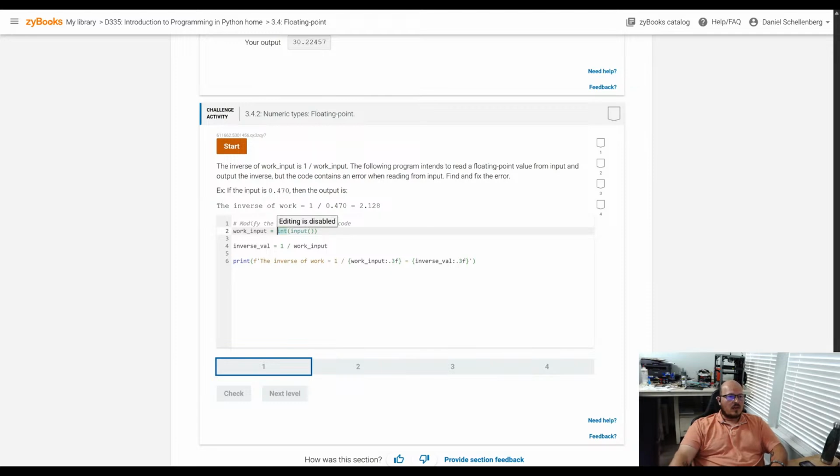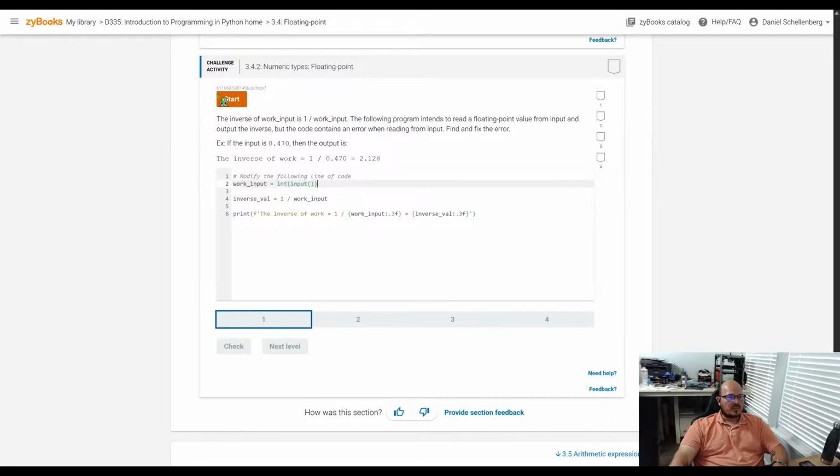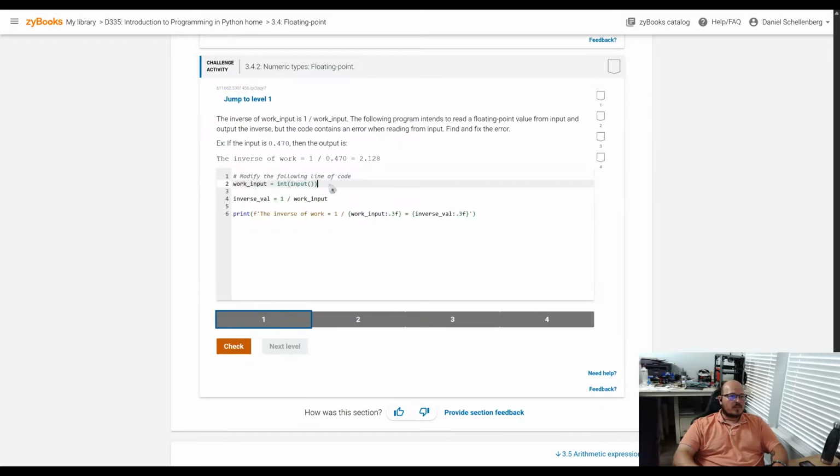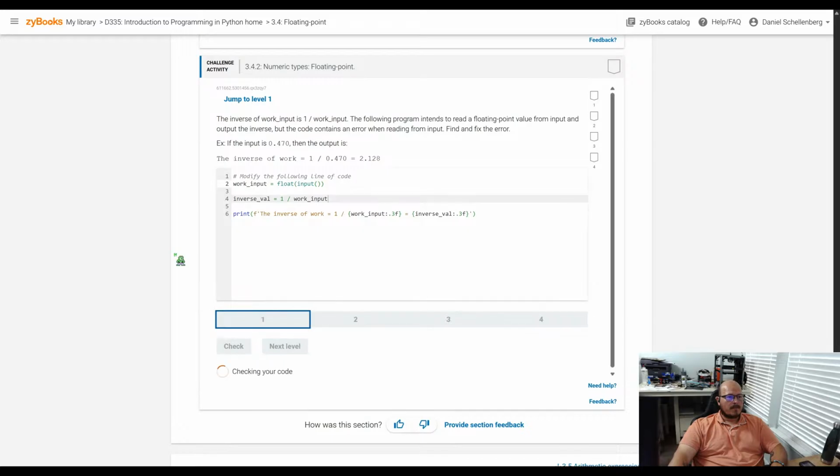Editing is disabled, I have to press start. Okay, so we want to change the integer into a float input. I think that was the only thing we needed to correct because everything else looks correct. So let's check it.